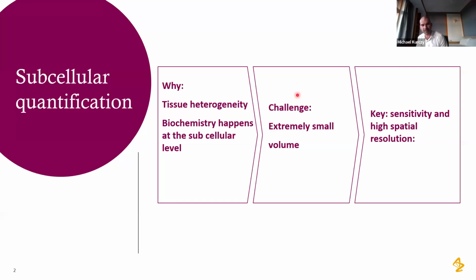When you go down to one cell, there's a million times less metabolites, or in a lot of our cases, drugs to look at. If you then subdivide that into subcellular sections, you run out of material really fast. So the key is to have the sensitivity that goes with the high spatial resolution.